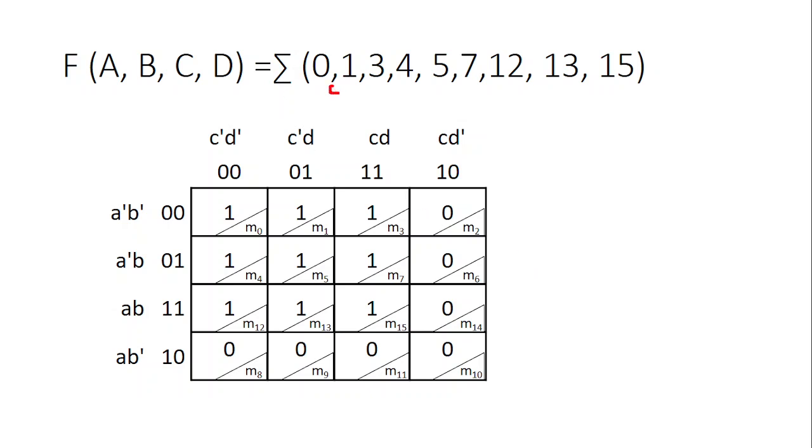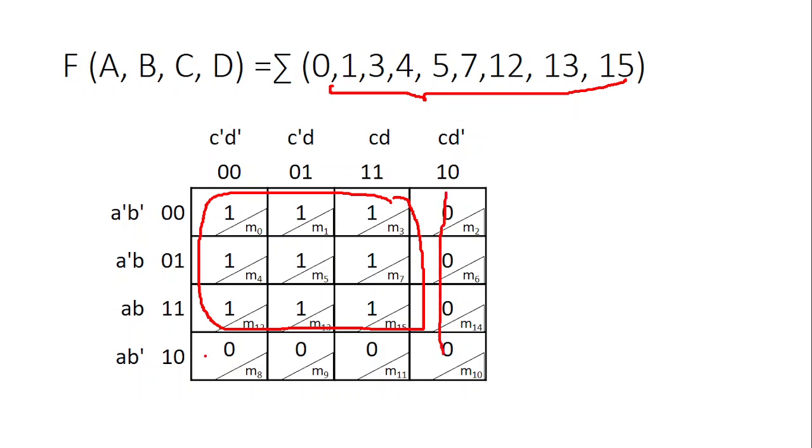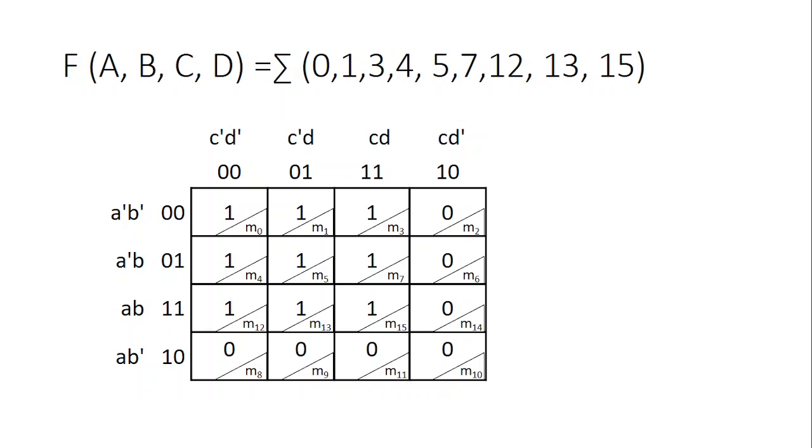So whichever terms are here, the corresponding min term positions must be mapped as 1. The remaining terms all have to be made zeros. So this is the first thing. Now once you've done that, you have to group them together. Grouping has to be done in powers of 2.